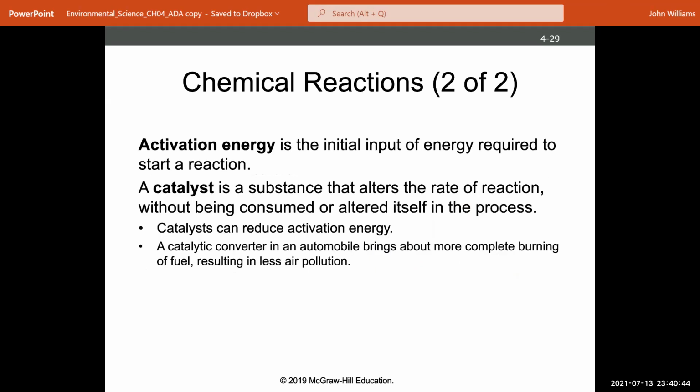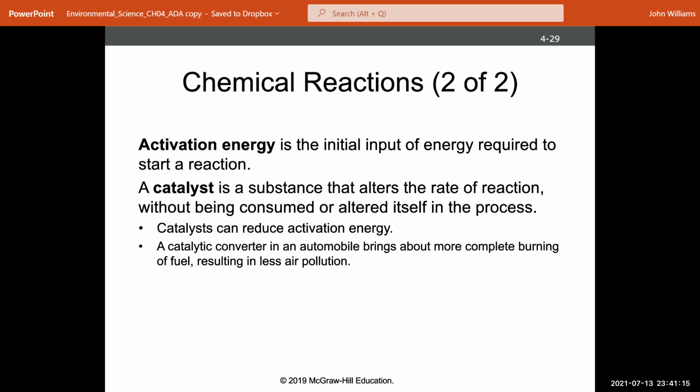Now, when these reactions take place, there is a specific amount of energy that's required to be input into the system in order to make that reaction happen. This is known as an activation energy. And enzymes, which are proteins that are really important, help to lower the amount of energy that's needed to start that reaction.